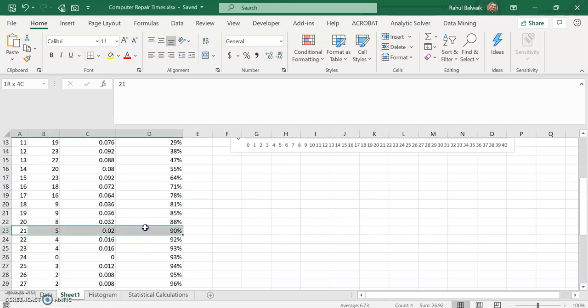Let me just highlight it so that we all can see it better. So you see here in the 21-day interval, 90% of the computers are getting repaired. So instead of stating 2 weeks, we can definitely say 3 weeks. So we know that 90% of the time it took 3 weeks for the computer to get repaired, right?